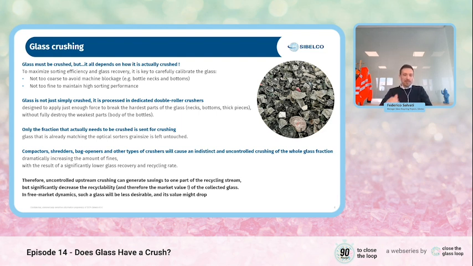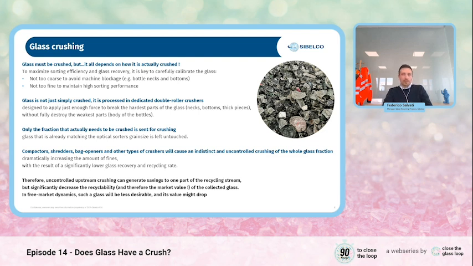It's key that the glass is properly calibrated to ensure good recyclability of the product. The glass must be coarse enough that we can sort it easily, maintaining high efficiency and high performance of our process, but not so coarse that we get clogging and pieces stuck inside our optical sorters.